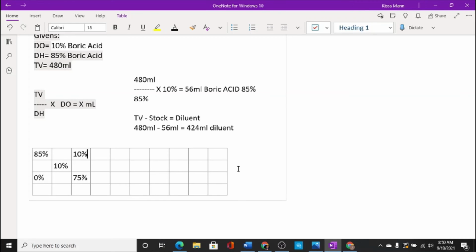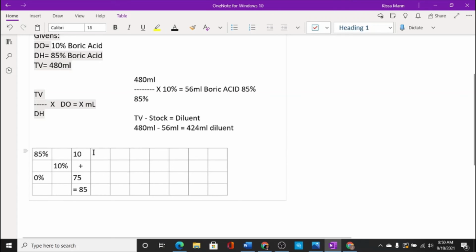So now that we have solved for those alligation equations there, we will then add our parts. Oh, I keep doing that. They're not percentages. They're parts of our total compound. And so we will add the parts of our compound together. This equals 85 parts total of our compound.